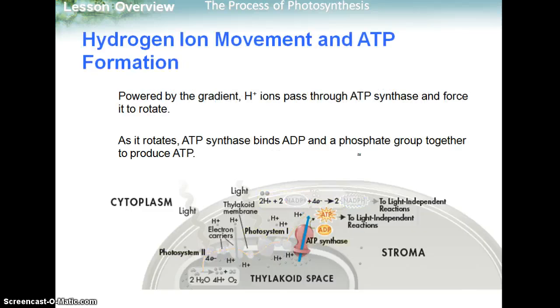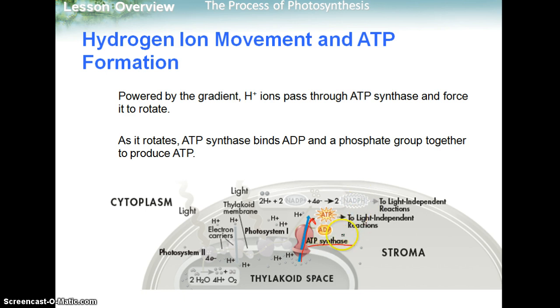While all this is happening, we also are going to take those hydrogens that we pumped in during photosystem 2, and we're going to pump them back out using what we call ATP synthase. That is an enzyme that helps us make ATP. We're going to use ATP synthase to change ADP and a phosphate group into ATP.